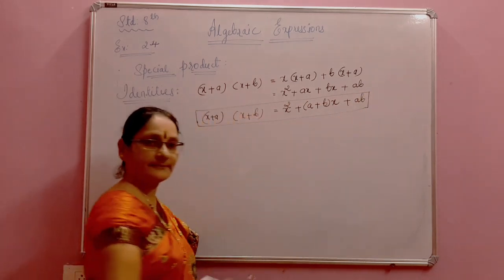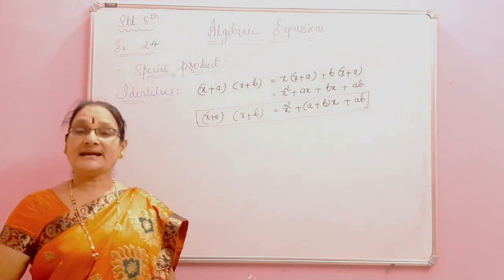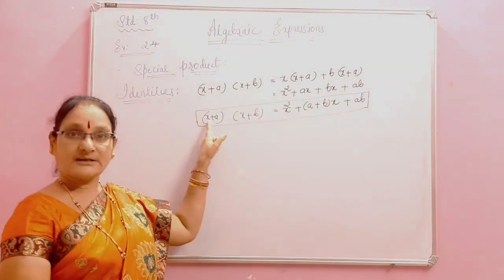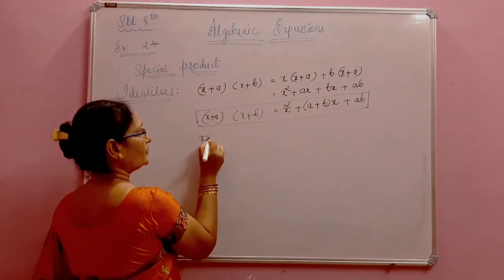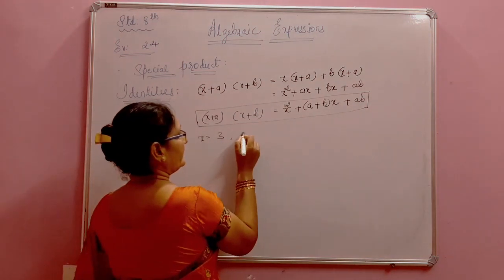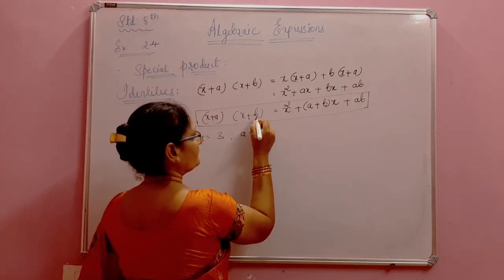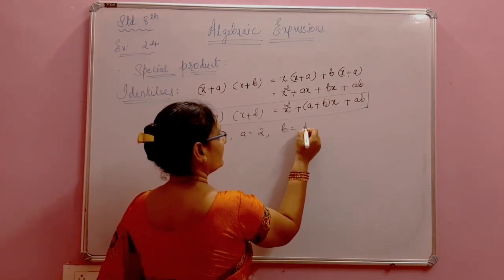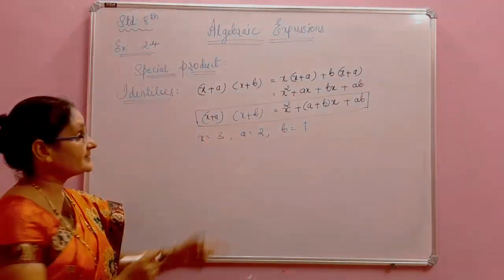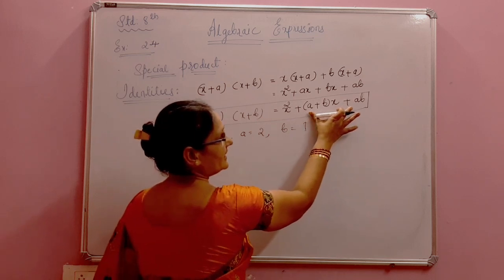This is an identity. Why is it an identity? Just we will take one value for x. Suppose I take x equal to 3, a equal to 2, b equal to 1. What happens? This is LHS, this is RHS.